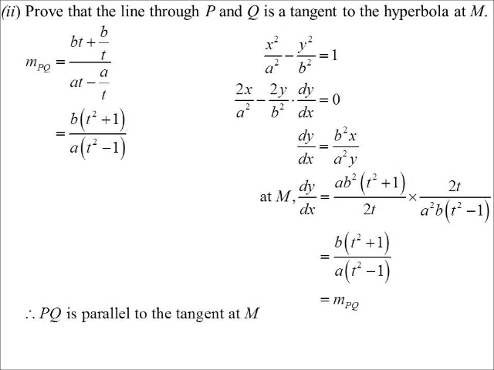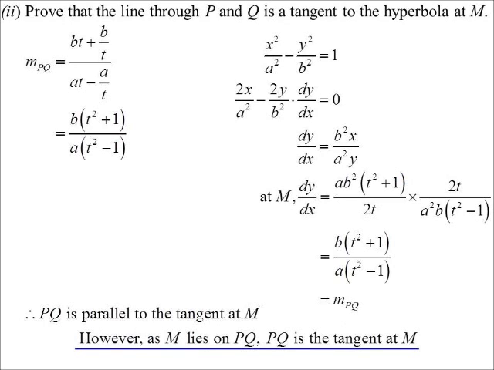Some people are shaking this way, some people going this way. We can, because we've already established M lies on the line PQ. Remember, it's the midpoint. So we know PQ is at least parallel at M, but because we know M lies on the line PQ, then they're not parallel. They are, in fact, the same line.